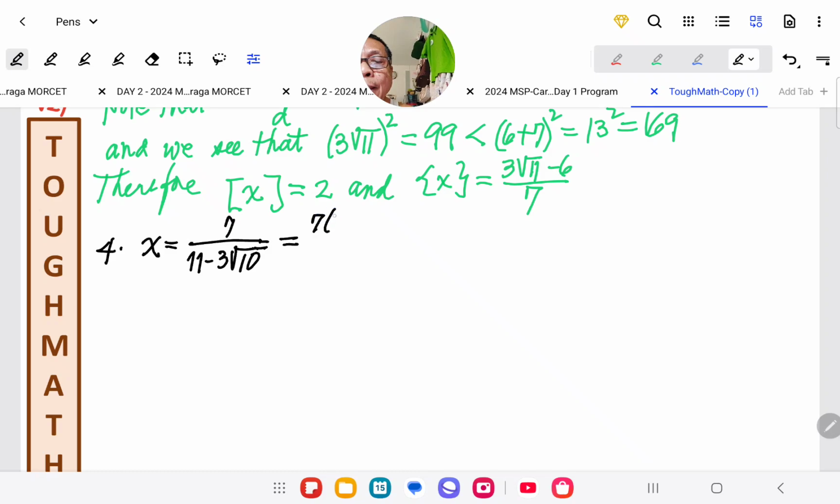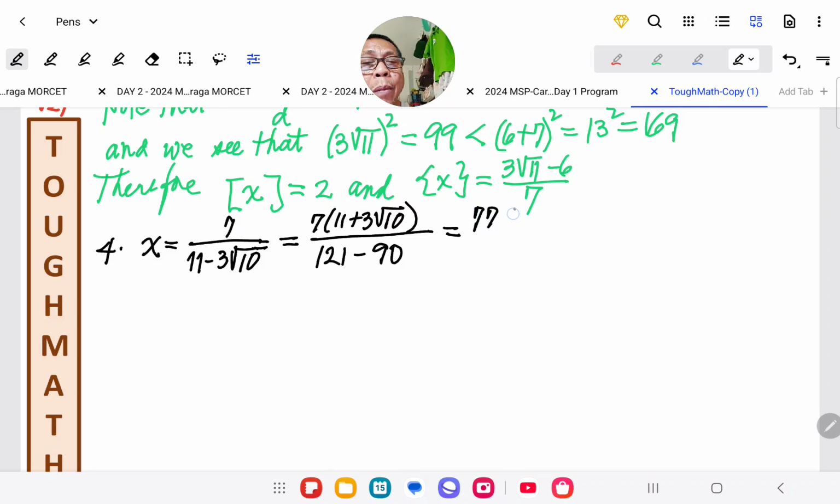So we have 7 times 11 plus 3 square root of 10 over square of 11 is 121, and square of 3 square root of 10 is 90. So we have 77 plus 21 square root of 10 over 31.